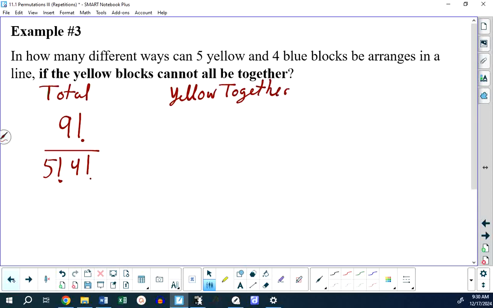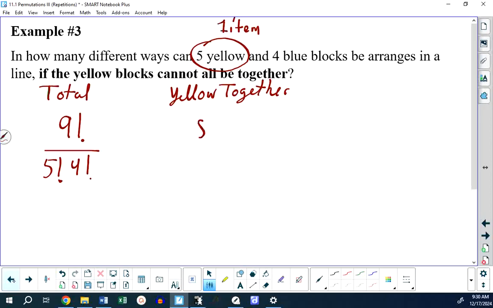Well, then what we do is we treat these as one item. So we are no longer arranging 9 items, we're arranging 5. We're arranging the yellow group and the 4 blue blocks.